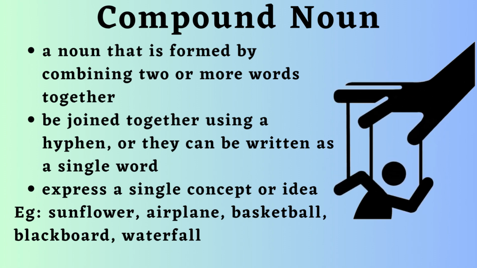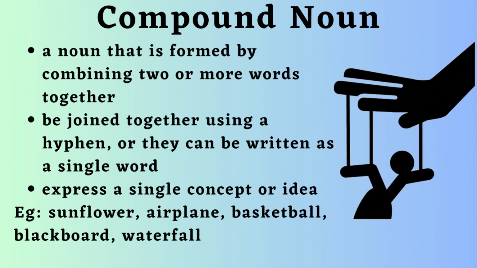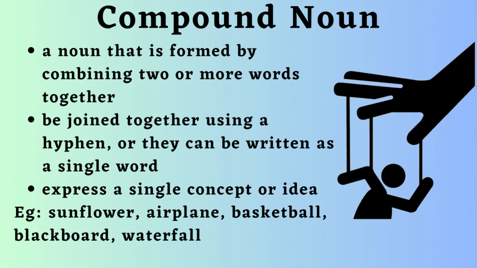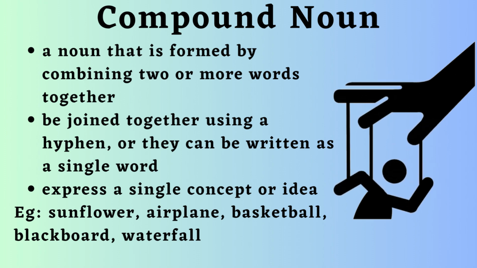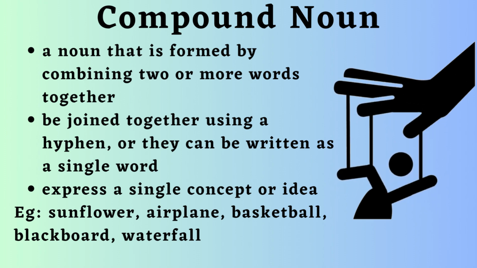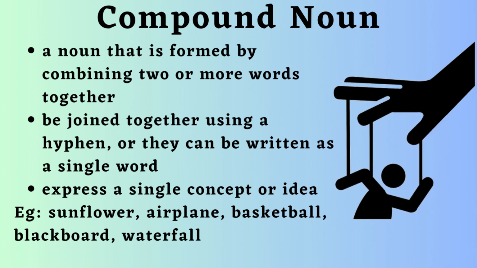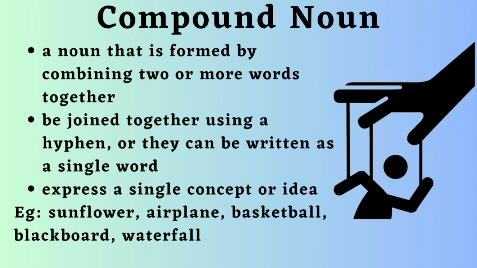The words air and plane are combined to form a noun that refers to a powered flying vehicle. The next word is basketball. This compound noun combines the words basket and ball. So it refers to a sport that involves shooting a ball through a raised hoop.